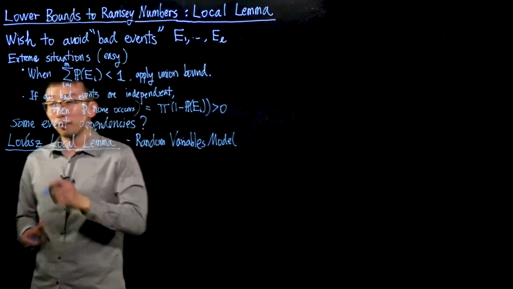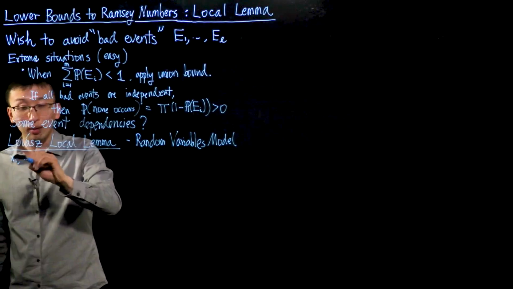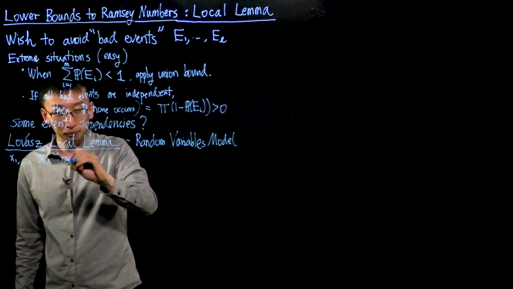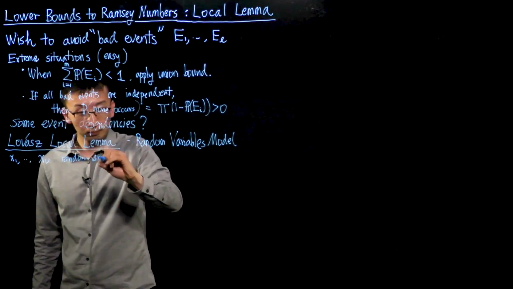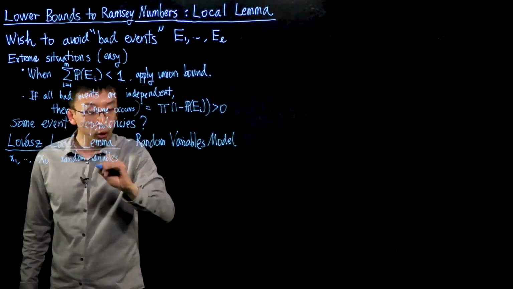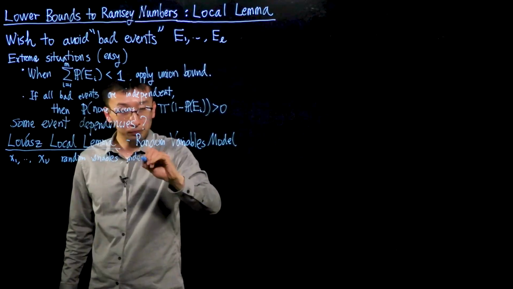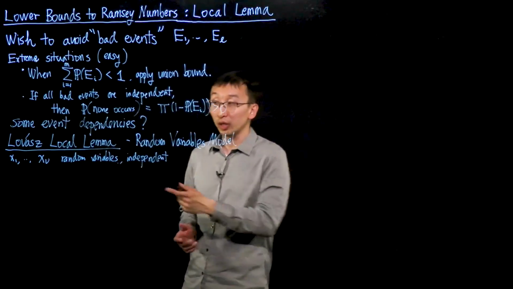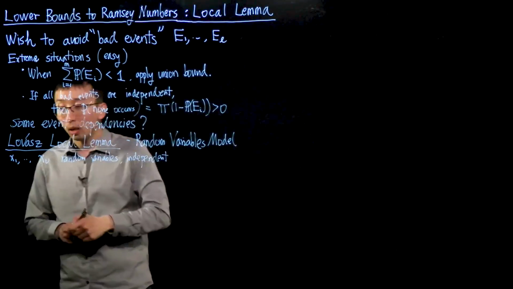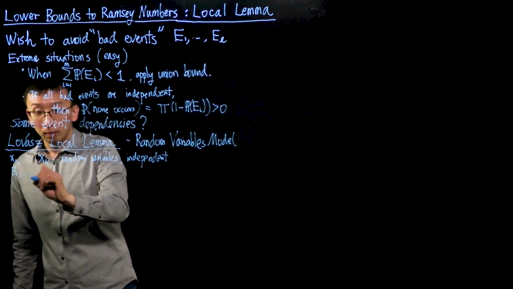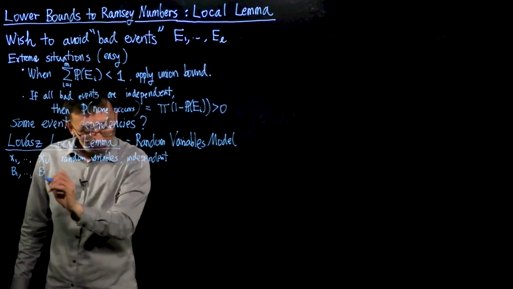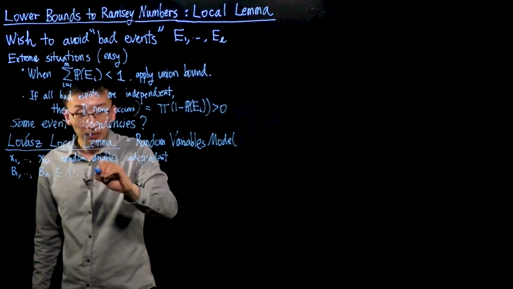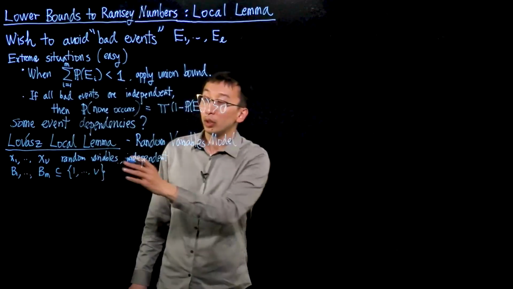The setting is as follows. Suppose we have x1 through xv, and these are random variables. And importantly, they're independent random variables. So think of them as the outcomes of independent random coin tosses. We'll have B1 through Bm denote index sets, so they are subsets of the numbers 1 through v.